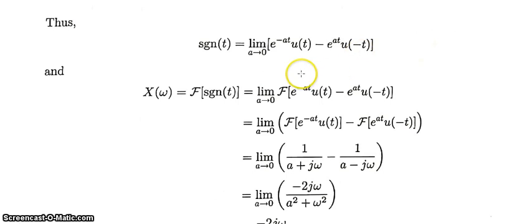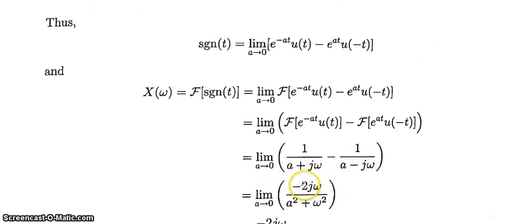Okay. Now we take its Fourier transform X of omega, which is the limit a tending to 0 of the Fourier transform of the terms within the bracket. Now what is the Fourier transform of e raised to minus at into u of t? That we have already derived as 1 by a plus j omega, minus the Fourier transform of e raised to at into u of minus t, which is 1 by a minus j omega.